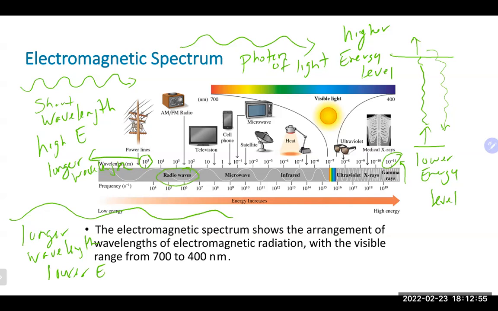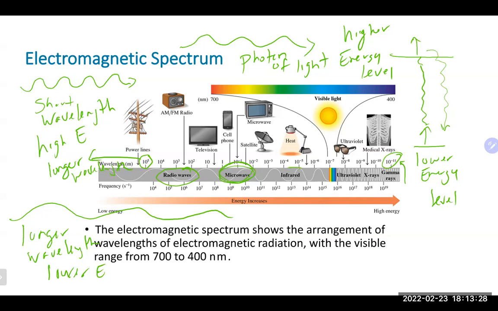By the way, when you dial your radio into a specific station, you're actually dialing into a frequency so that you can hear the radio. When we go 95.5, that's really 95.5 megahertz, which is a frequency as you dial in your radio. Going a little bit to the right of that, we get microwaves. Microwaves have a little bit more energy, enough to spin the water molecules really fast in your food. You get a pizza in 3 minutes, which is a good deal.